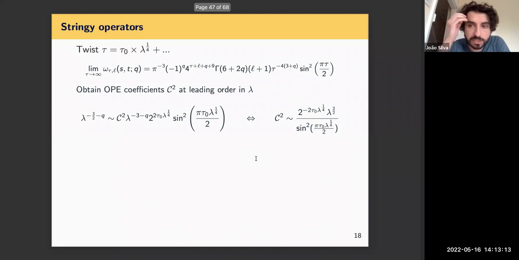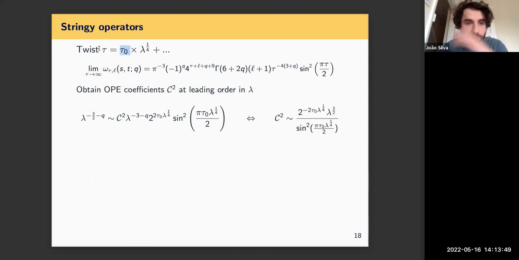Okay, so now let's consider the heavy operators. It just follows from scaling arguments using effective field theory that, well, we have a scale alpha prime in our problem. So the new physics must start at energy 1 over square root of alpha prime, and if you translate it into lambda, it's equivalent to the statement that these new operators must start at lambda to the power a quarter, and then there is a number tau 0 that we will determine.